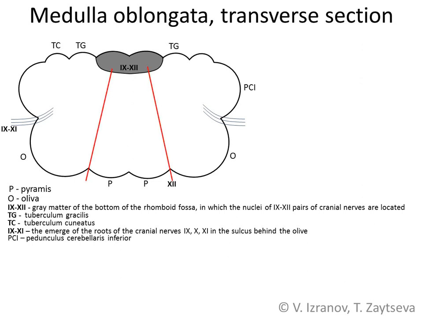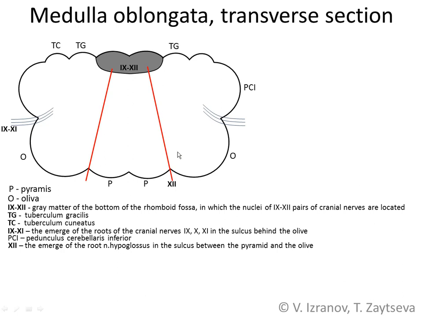And what is now? It is cranial nerve number 12, nervus hypoglossus. This is a root of nervus hypoglossus, which we can find in sulcus between pyramis and olive.